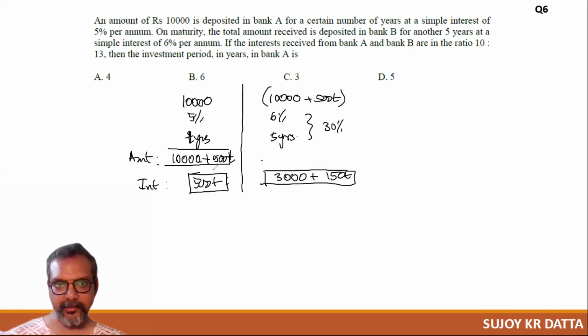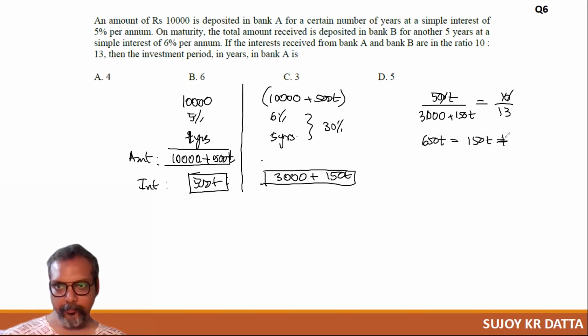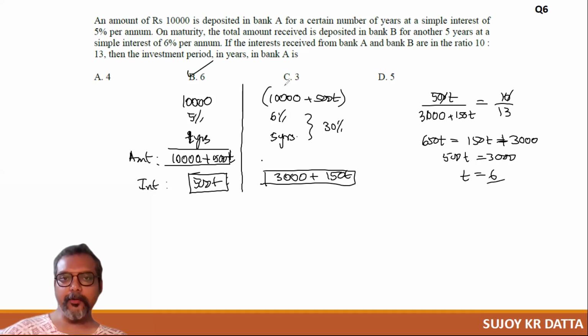And they have said that this is in the ratio 10 is to 13. So if I solve that, we get 500 T equals 3,000. So T will be 6. So that's the second option.